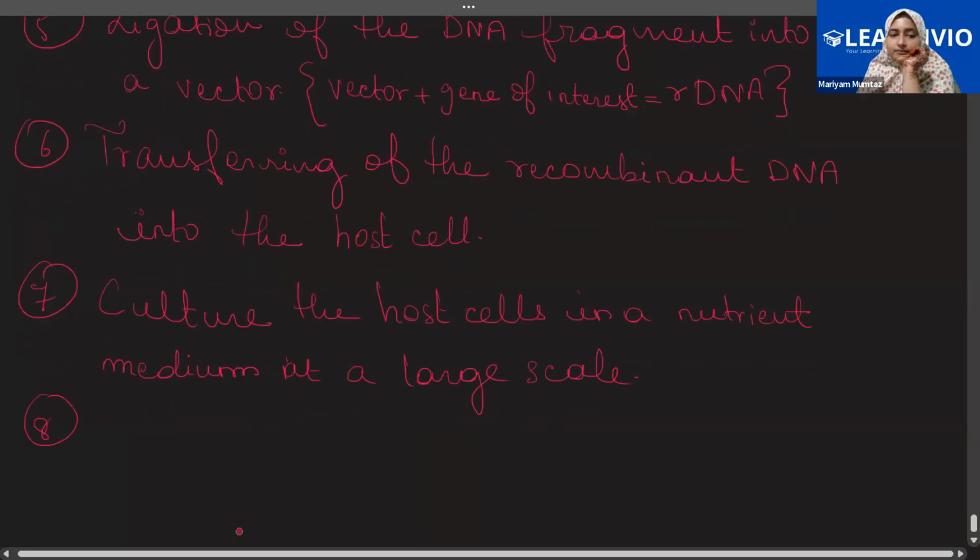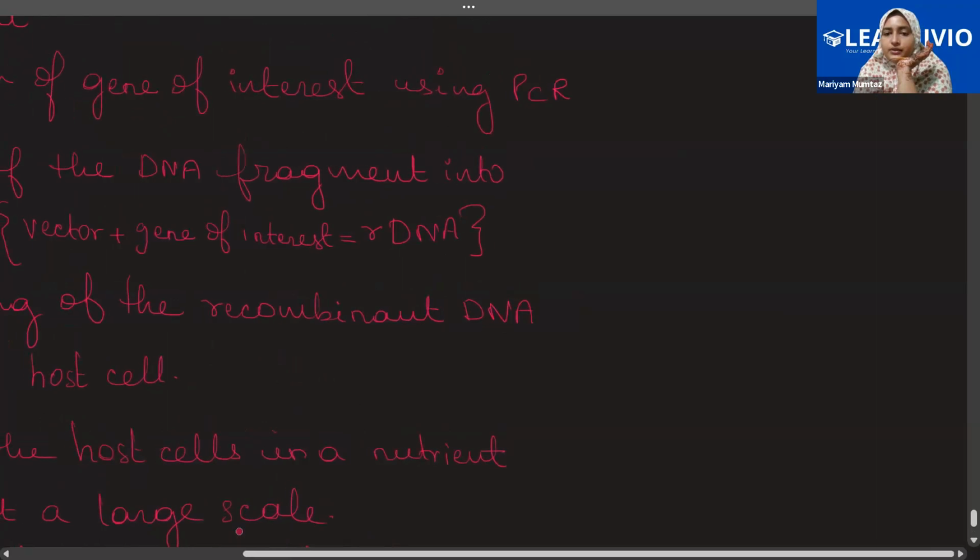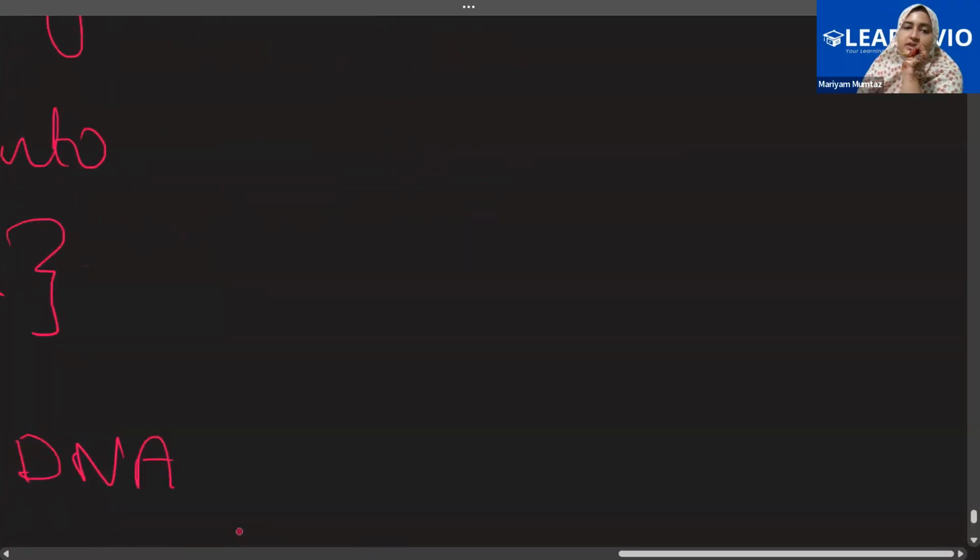And lastly, you will extract the desired product. Whatever is the product, you will now extract it. And now the process is completed. Now see, I'll show you here. For example, this was the gene of interest. This is a vector. So now I've added the gene of interest here. What did it make?